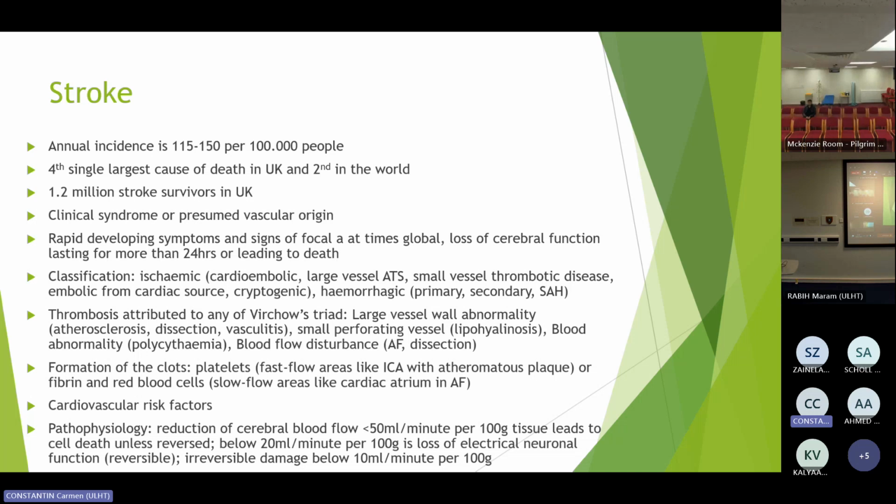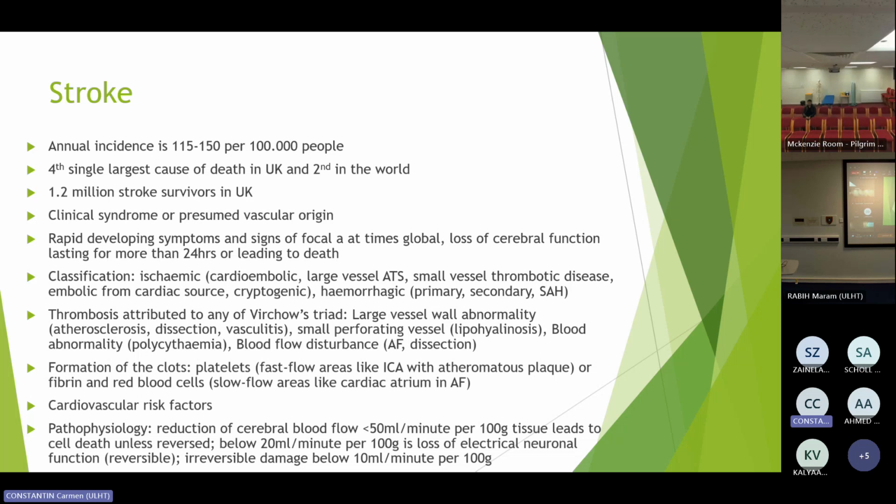What is the pathophysiology in stroke? So we have reduction of the cerebral blood flow of less than 50 mL per minute per 100 gram tissue, which leads definitely to cell death, so irreversible changes within the brain unless this is reversed.